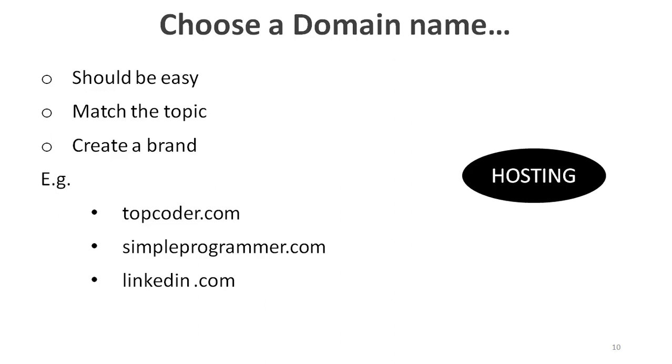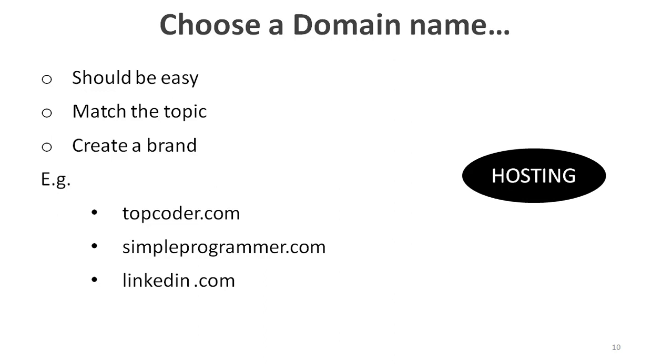Third is create a brand. Creating a brand means it should be like Facebook, Google. These are now brands, and the names are pretty cool. In a similar way, you can also search for such names, so that later on, if your blog becomes a business, you can say yeah, this is a good name for it.